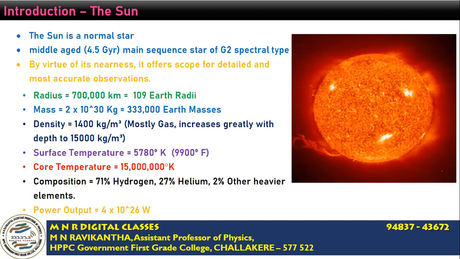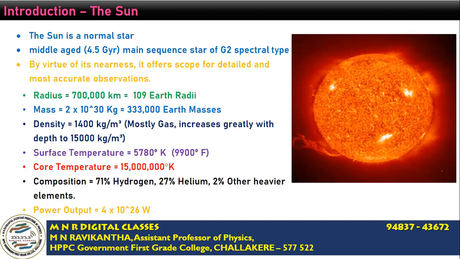The density varies. At the surface of the Sun, the density is 1,400 kg per meter cube, while if you go into the depth, the density extends up to 15,000 kg per meter cube. The matter inside the Sun is mostly in the form of gas, and the density increases greatly with depth.